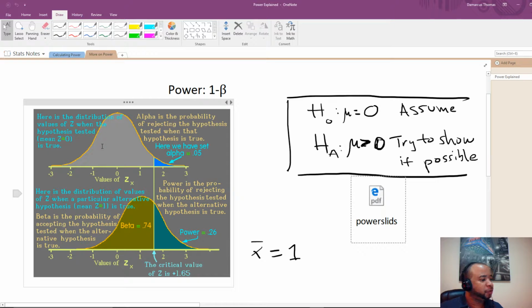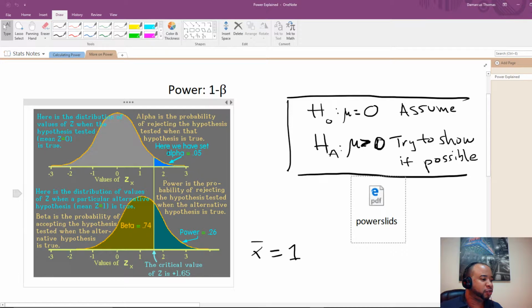So for example, let's say it really turns out that the mean is really 0. We assume that it's true, but what if it is really true? There's still a chance that we sample something and our sample just happens to be in this region, right?